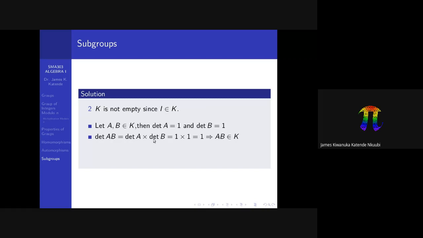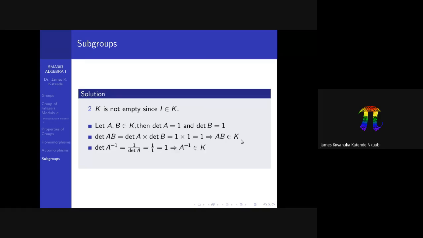Using this formula, the determinant of AB is the same as the determinant of A times the determinant of B. But we know the determinant of A is 1, and the determinant of B is 1, so we can make that substitution to get 1 times 1, which is equal to 1. Even after all these years, 1 times 1 is still equal to 1. Therefore we have confirmed that the determinant of the product of two matrices from K will also be 1. And therefore, this product must be in K. And that proves closure.